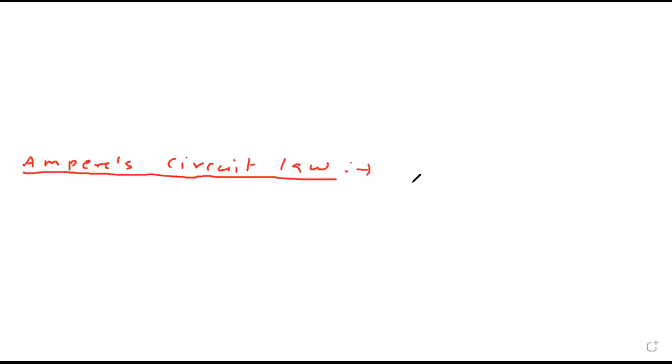Now see what is Ampere's circuital law. The line integral means around the boundary, not along the surface.